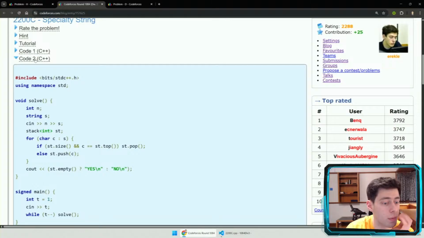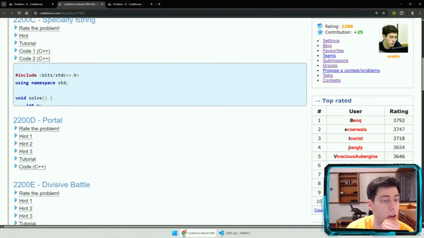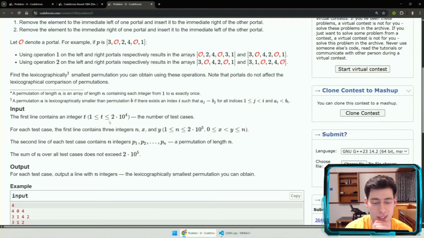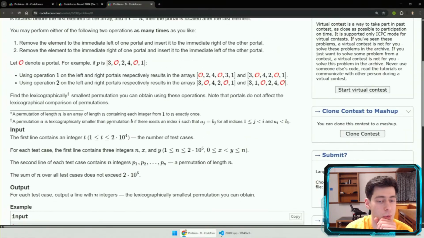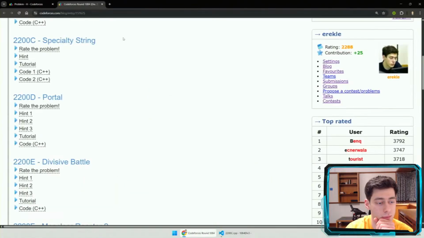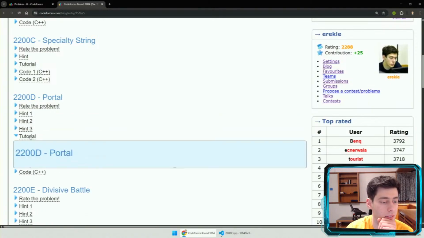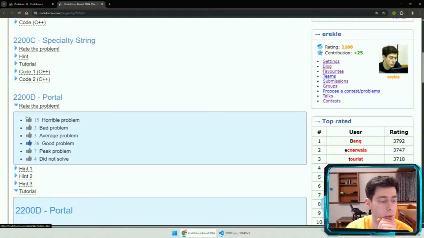Well, probably for different complexities. They've done it with a stack. Yeah, basically it's just like I messed up C. I messed up C big time. Okay, D was the portal one. This was cool. I mean, it wasn't that interesting when you start thinking about it, but yeah, I like it as a problem.